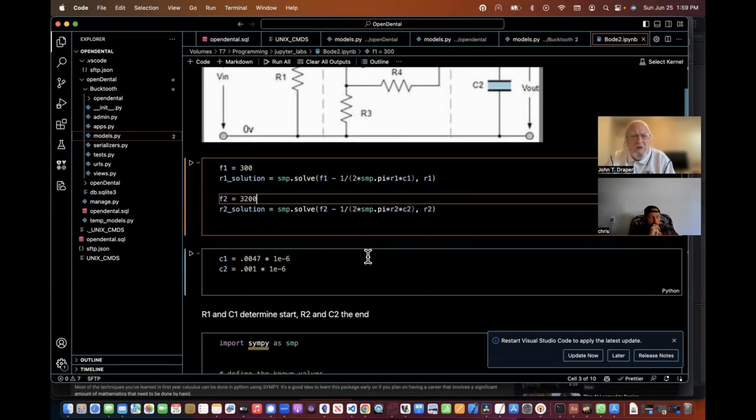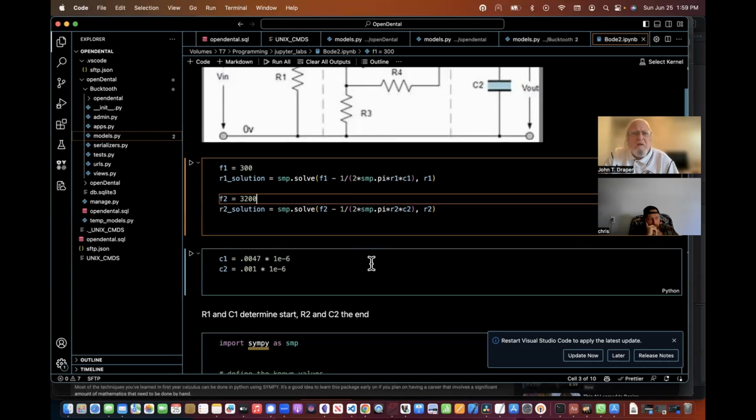We also need to calculate the capacitors. The capacitors are the same. We're always going to use 0.0047 and 0.001. A lot of times when you're designing circuits, sometimes you're dealing with resistance and you're dealing with capacitance. Always, if you can, keep your capacitance values fixed to a standard value.